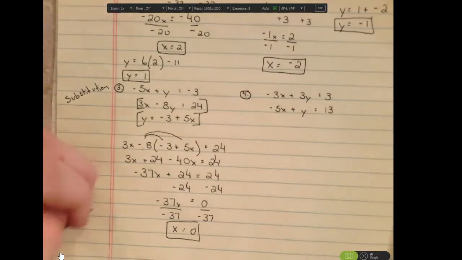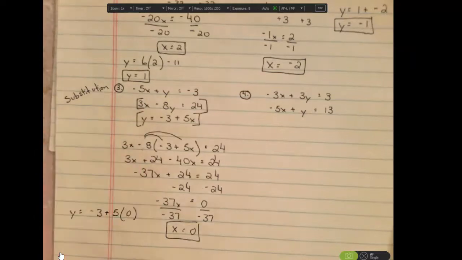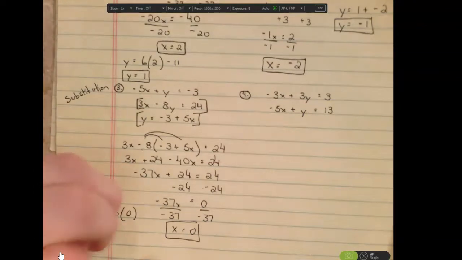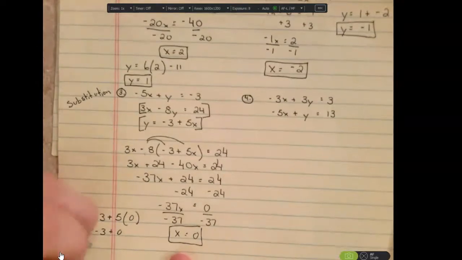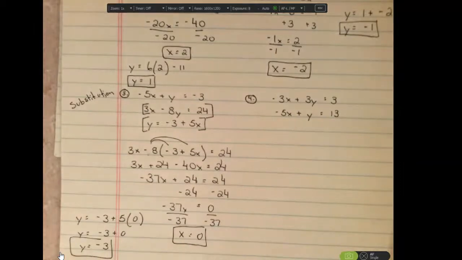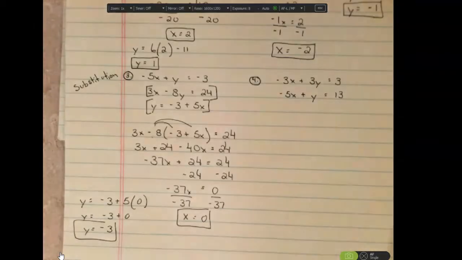So y equals -3 plus 5 times 0. I go through and I solve. -3 plus 0. Y is equal to -3. And there you have it. So x is equal to 0. Y is going to be equal to -3.